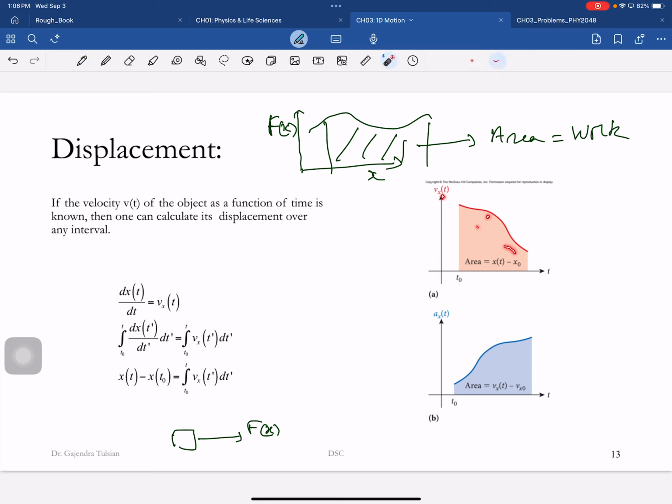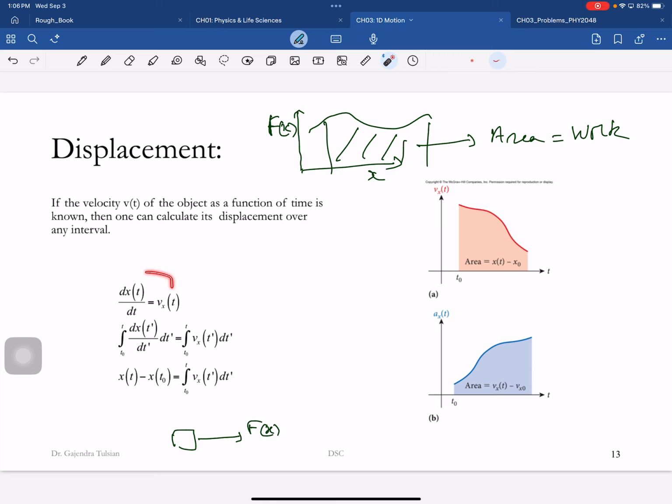So when you plot velocity as a function of time, the area is the displacement. I'll just show you one little derivation. Velocity at any instant is dx by dt.